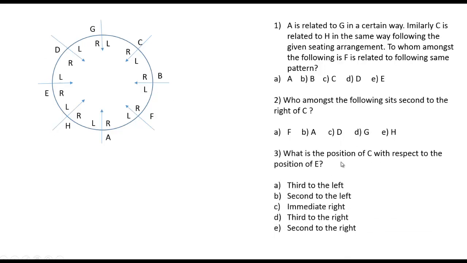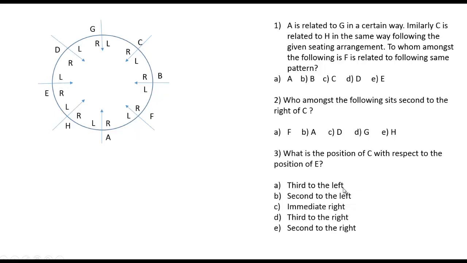Now next question is, what is the position of C with respect to position of E? C and E. This is C and this is E. So third to the left, this is third to the right. First, second, third, but it is third to the right. Third to the left, we will have to go in this direction.